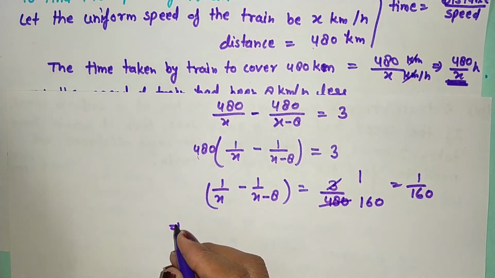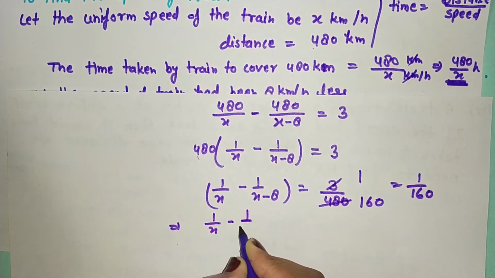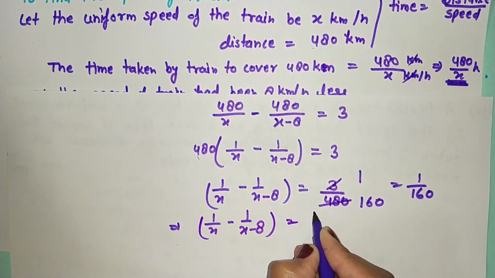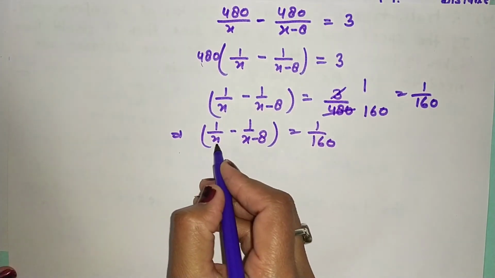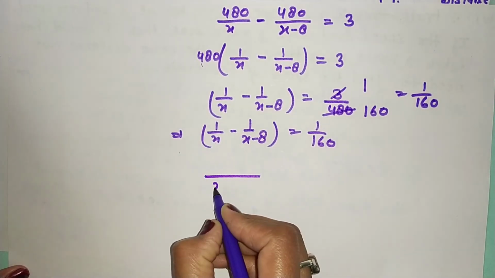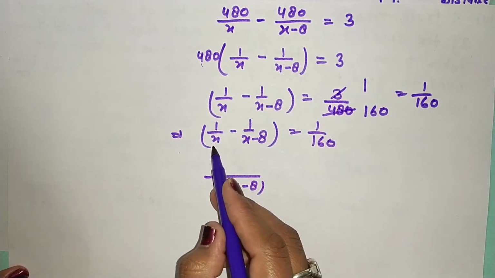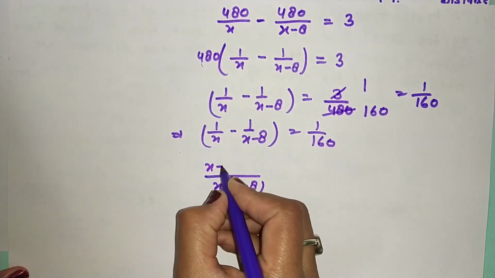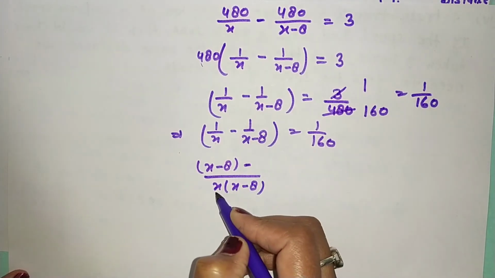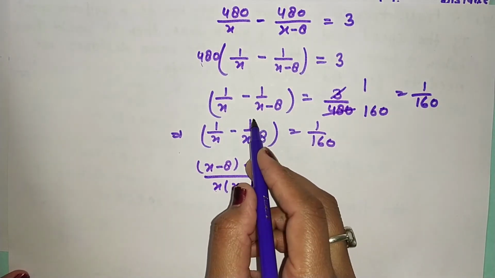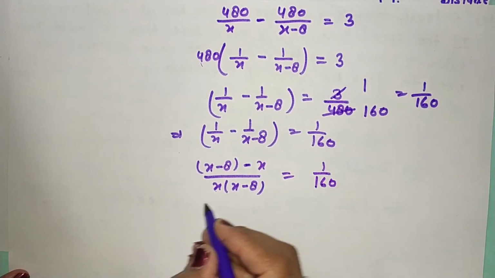And now we write it as 1 upon x minus 1 upon x minus 8 is equal to 1 upon 160. Now we take LCM of x and x minus 8, we get x and x minus 8. Dividing by x, we get x minus 8, minus, dividing by x minus 8 we get x, is equal to 1 upon 160.